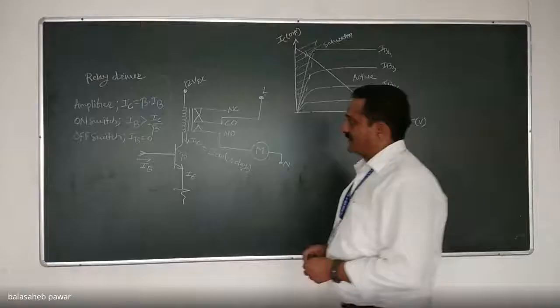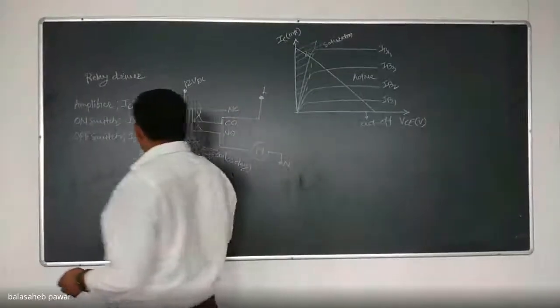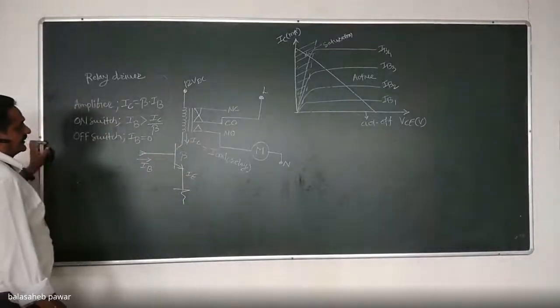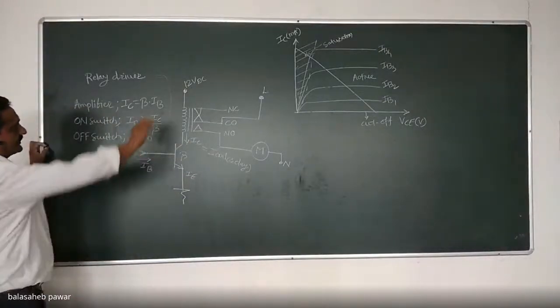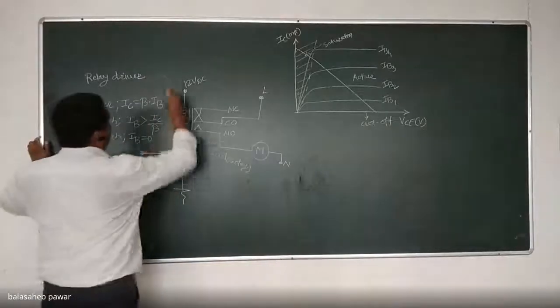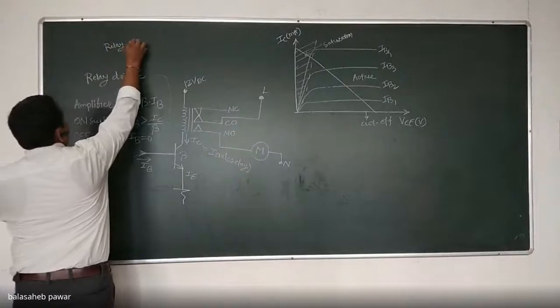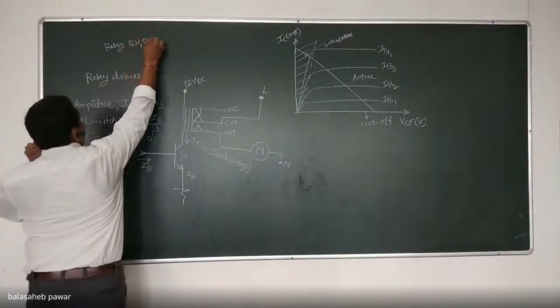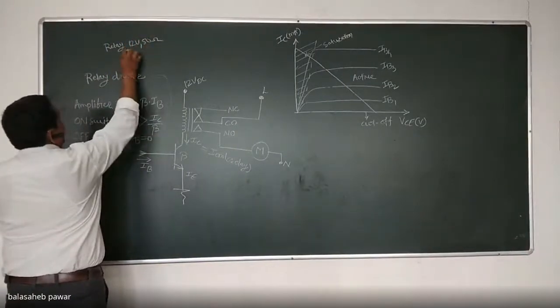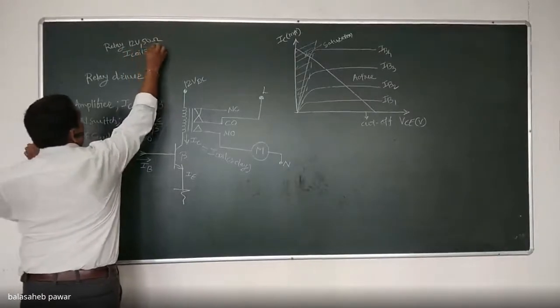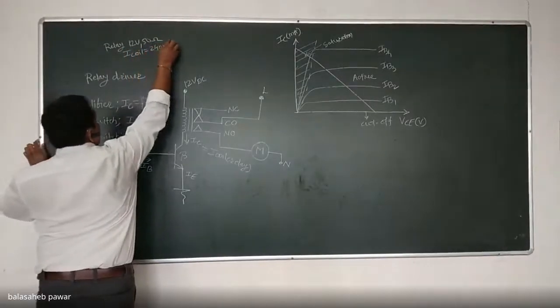Yes. Okay. So see, if we consider BJT in this case, as per the specifications for that relay, we consider 12 volt and 50 ohm. You determine that I relay or I coil of that relay equals to 240 milliampere, right?